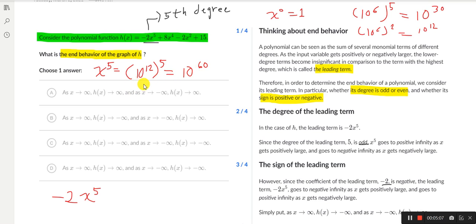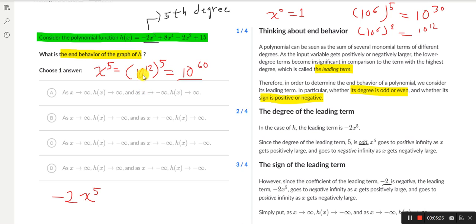And if instead of a trillion you have more than that, it will get extremely big. If you write this in a calculator, it's going to give it to you in scientific notation because it's such a big number.